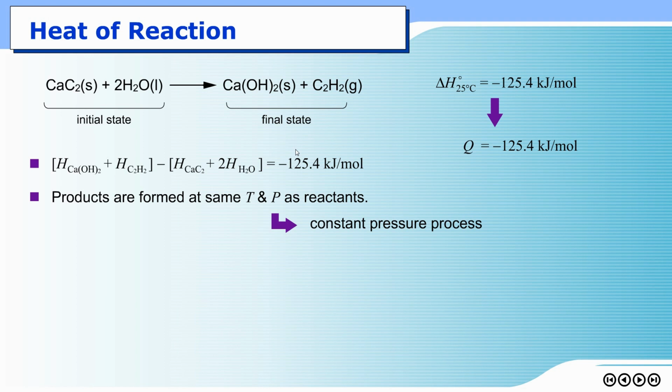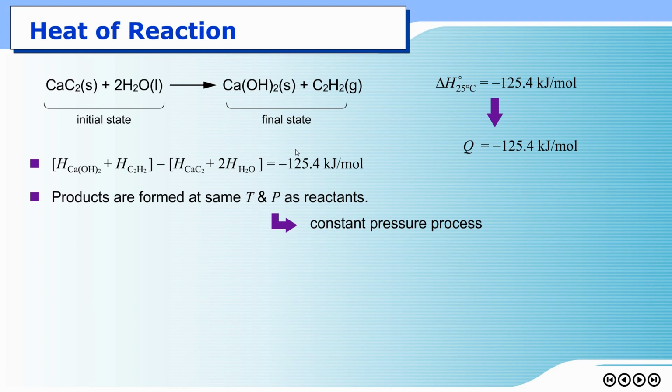Then you have to be very careful about this. If it is isothermal, does it mean that the internal energy does not change? The answer is definitely no. From the very beginning, we said that there are three factors affecting internal energy: temperature, phase, and chemical composition.